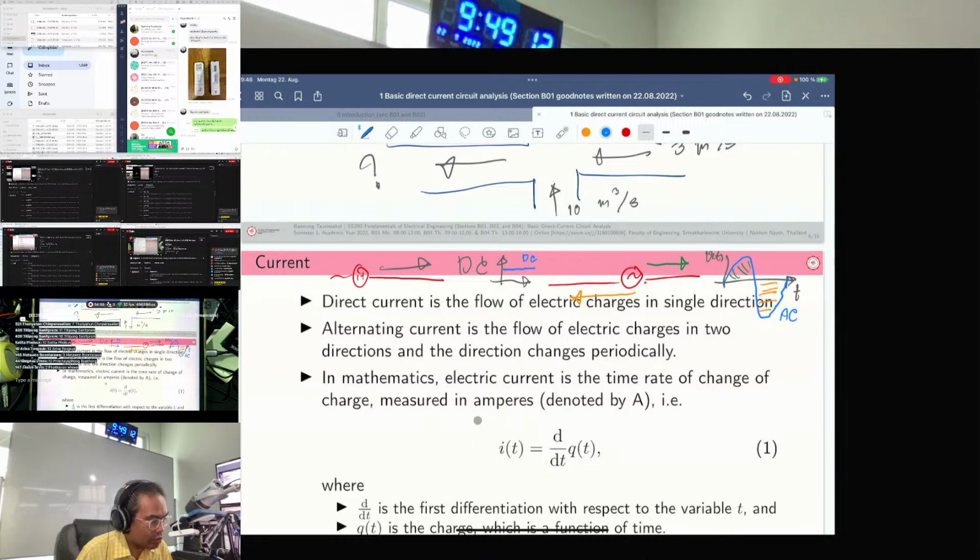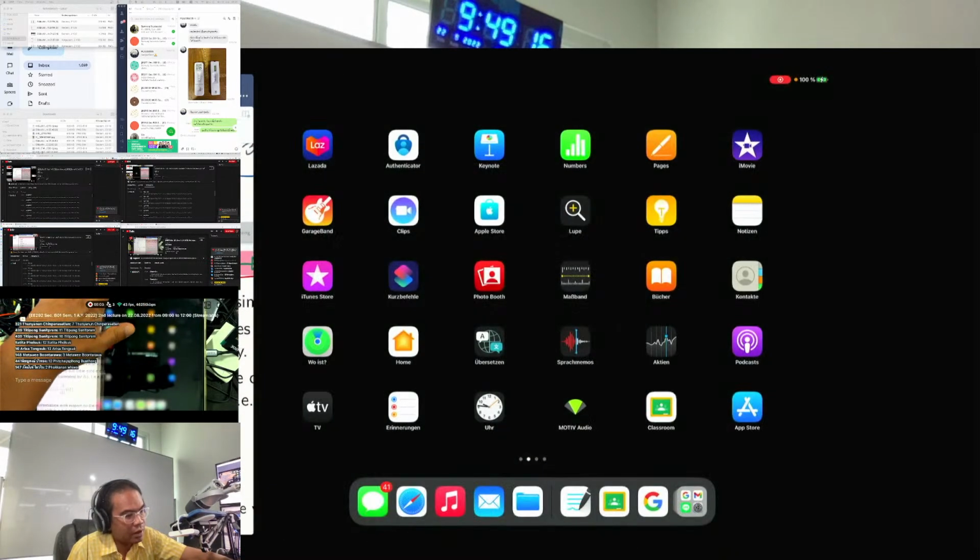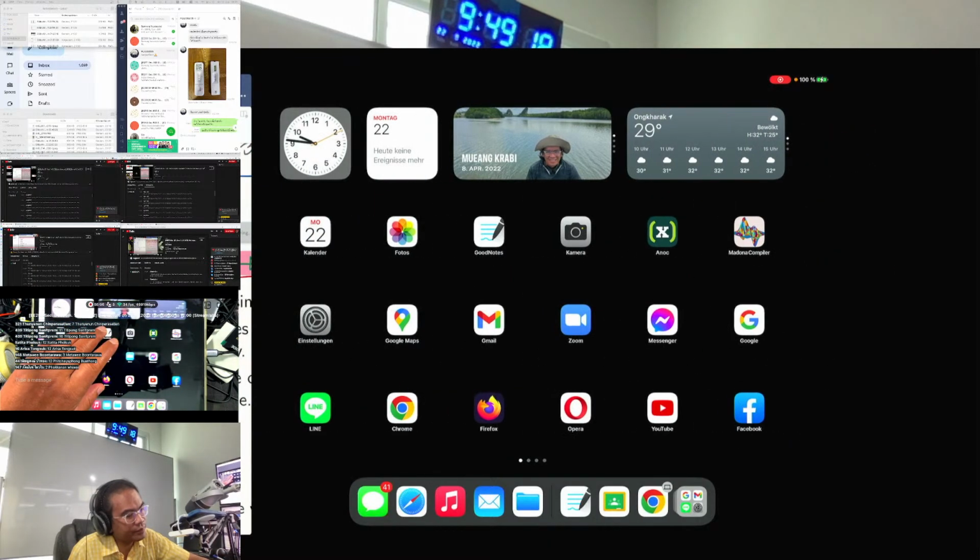Oh, you may ask, what is the name ampere? Ampere is derived from the surname of a physicist, I think.